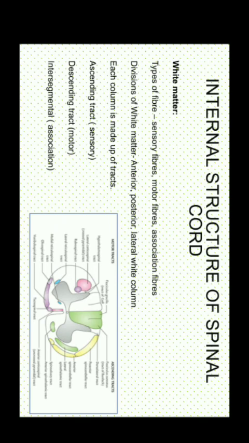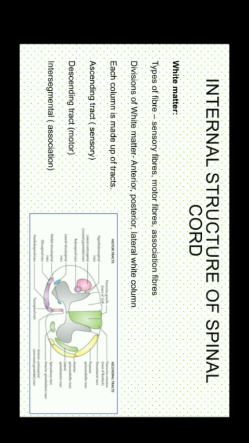We saw the different nuclei along the anterior horn, the central one. The posterior horn had the different nuclei: substantia gelatinosa, nucleus proprius, nucleus dorsalis, visceral afferent nucleus, and along the intermediate part we had intermediomedial and intermediolateral nucleus.